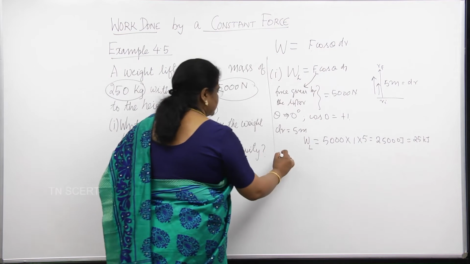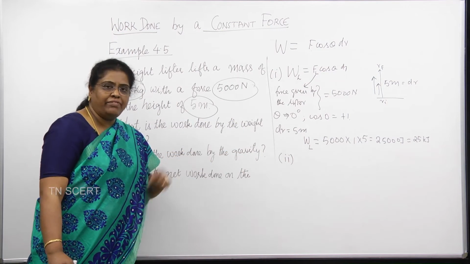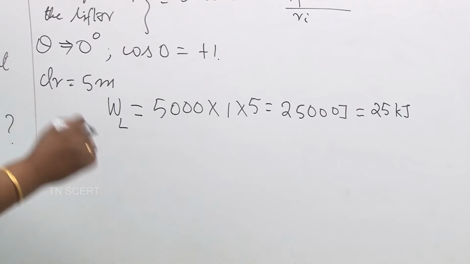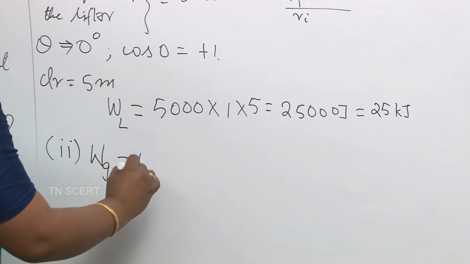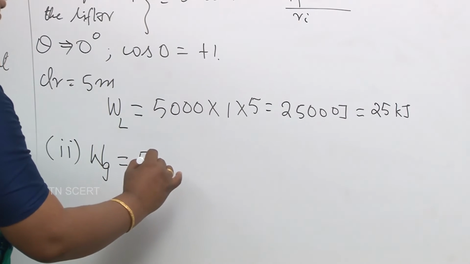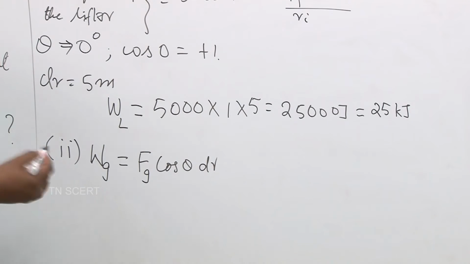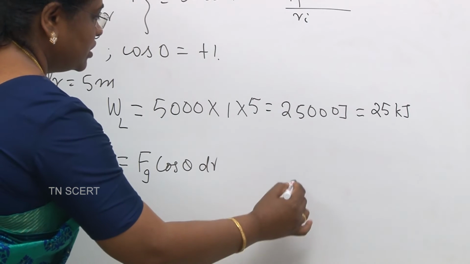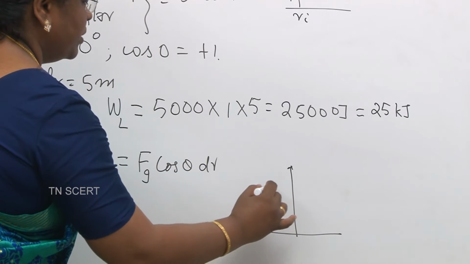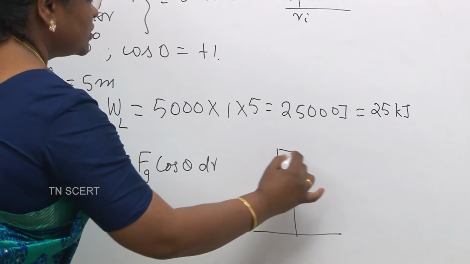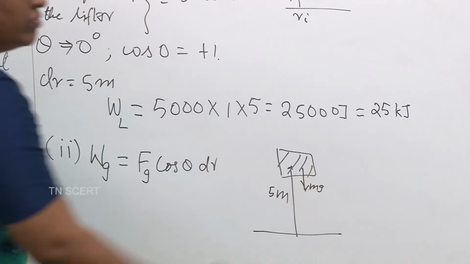Now, what is the second question? What is the work done by gravity? As he lifts the weight, the work done by gravity is F due to gravity cos theta dr. From the ground level, it is lifted up to 5 meters, but as he lifts, mg will all along be acting in the downward direction.